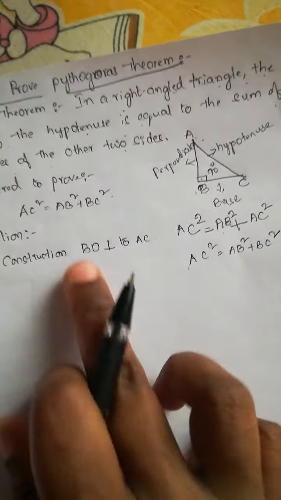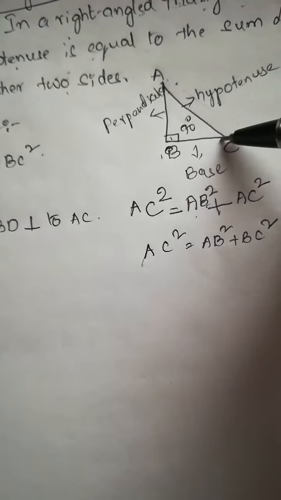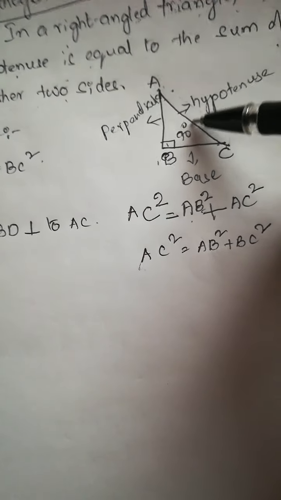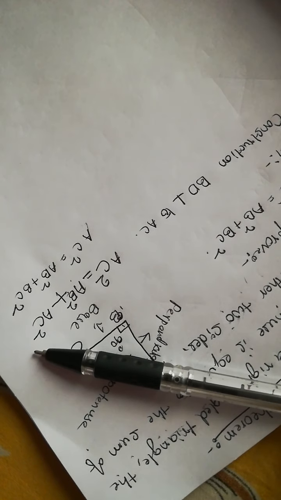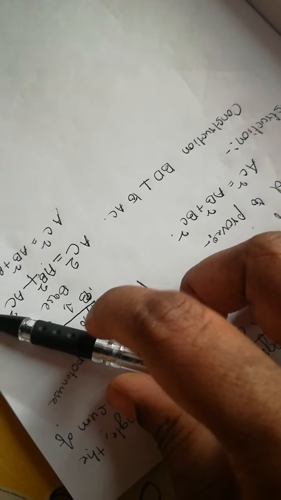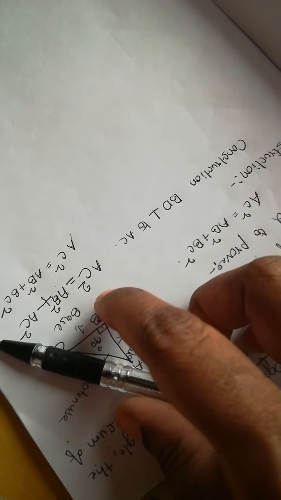I will explain to you what perpendicular is. Now see, here AC is there. We have to draw a perpendicular to this line. Means, if we take a compass and keep it on this line, where we get 90 degrees, we have to draw a line, a straight line exactly opposite to the hypotenuse.